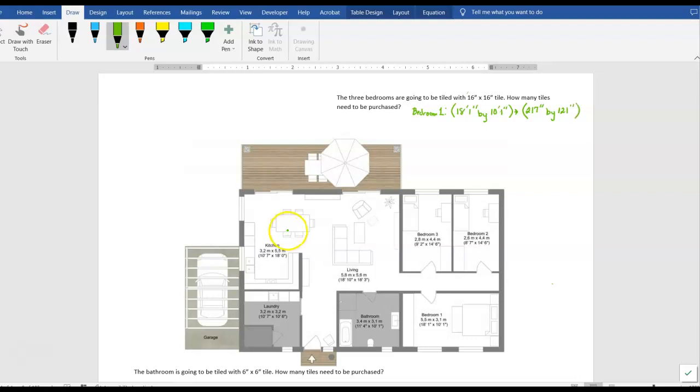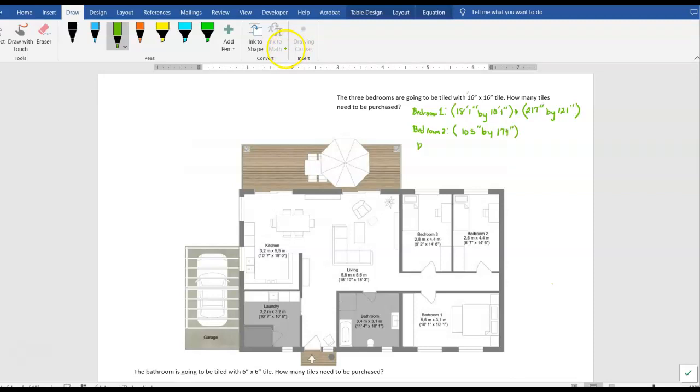Okay, so if we convert the 3 bedrooms' dimensions into inches, bedroom number 1 is that. For bedroom number 2, we're going to have 103 inches by 14 feet 6 inches, which is going to be 174 inches.